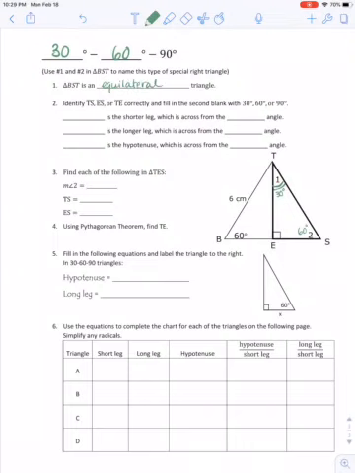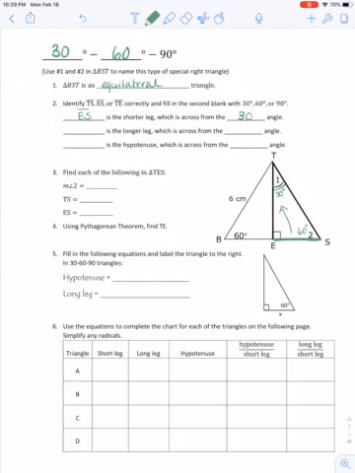Okay, what we're going to do now, though, is just focusing on that bolded right triangle. We're going to identify TS, ES, and TE and fill in the blanks with the corresponding angles. So the first one, out of those 3 legs or sides, which one is the shorter leg? So we can see that ES, that's this one right here, is the shorter leg, and it lies opposite the 30-degree angle.